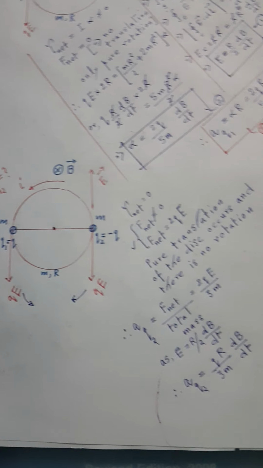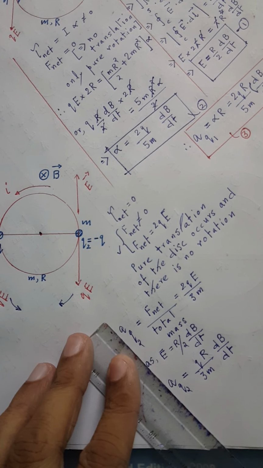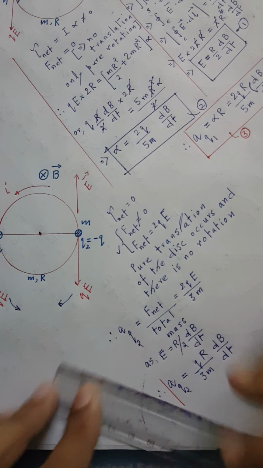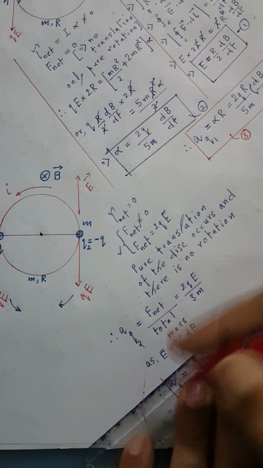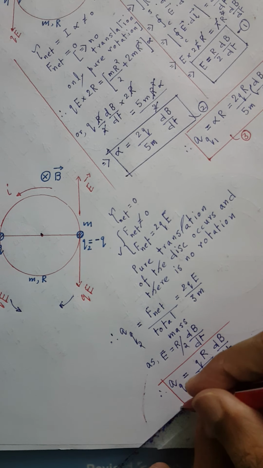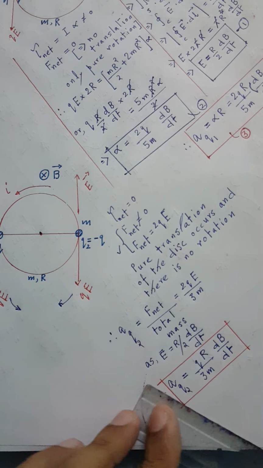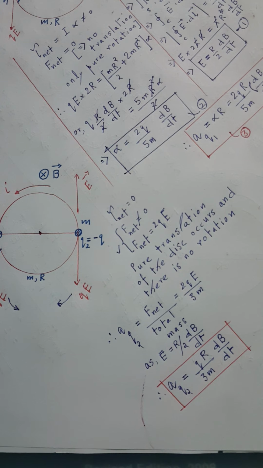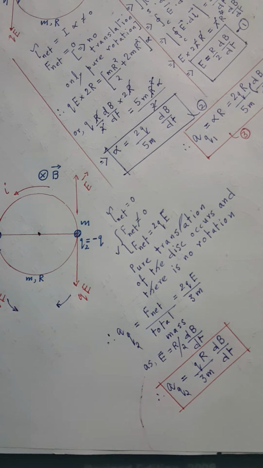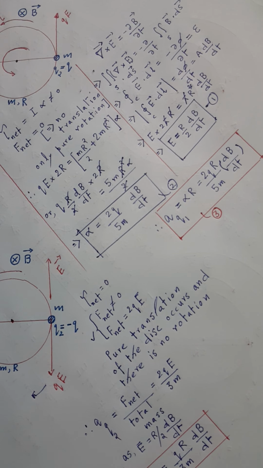This is exactly what you get: acceleration of Q2 is Qr by 3m dB/dt. So in the second case our result is Qr by 3m dB/dt, and in the first case our result is 2Qr by 5m dB/dt.